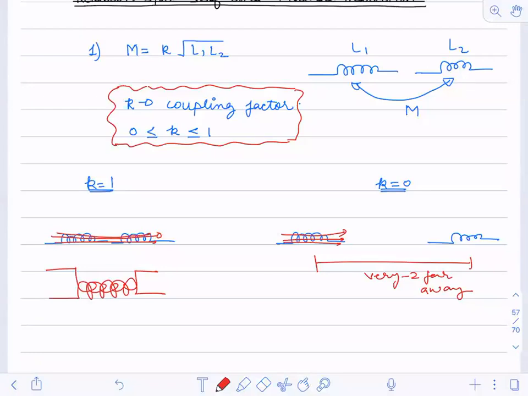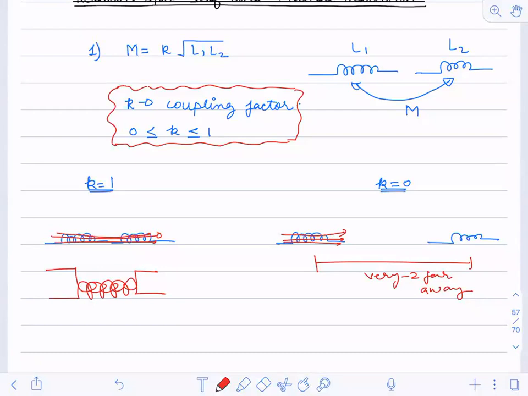It tells you to what extent the flux from one coil affects the second coil, to what extent the magnetic field of the first coil is affecting coil 2.